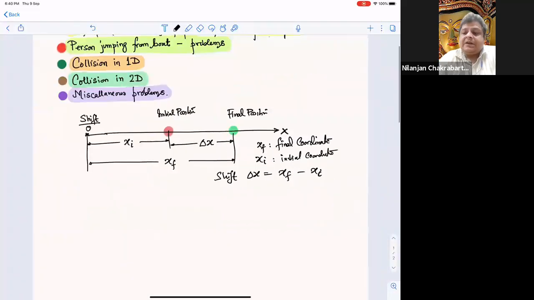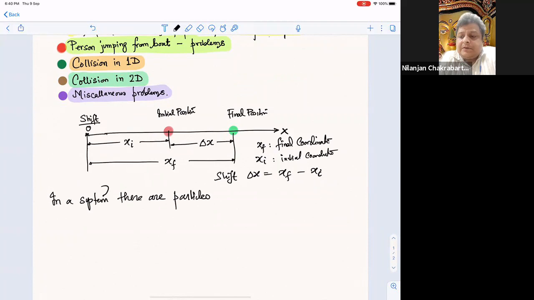Okay, so now we'll analyze a system. Suppose in a system there are particles m1, m2, m3 and so on up to mn.